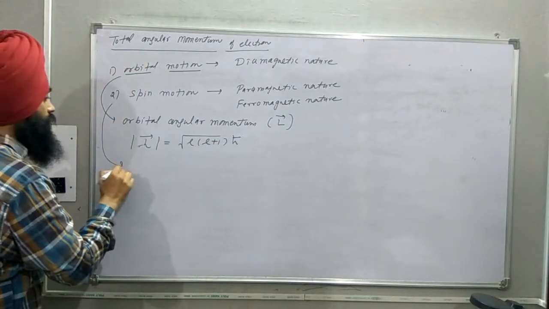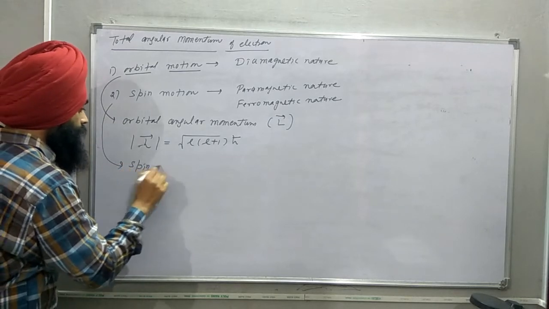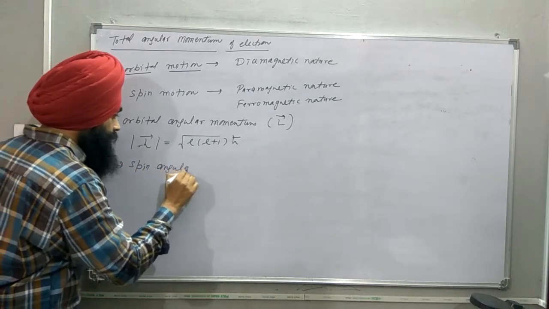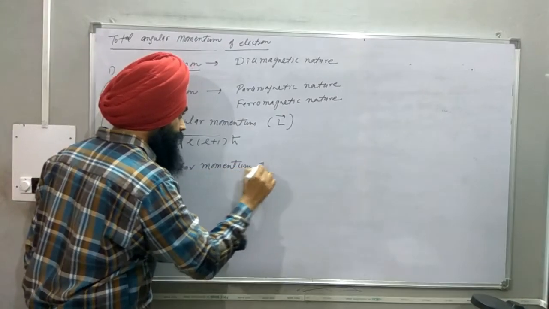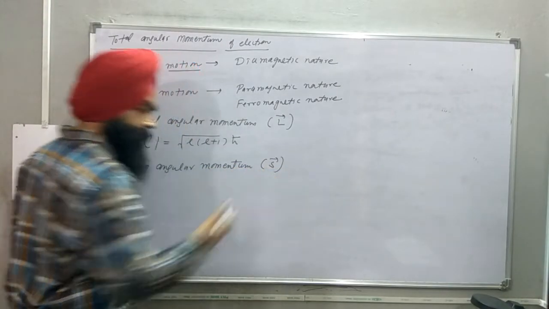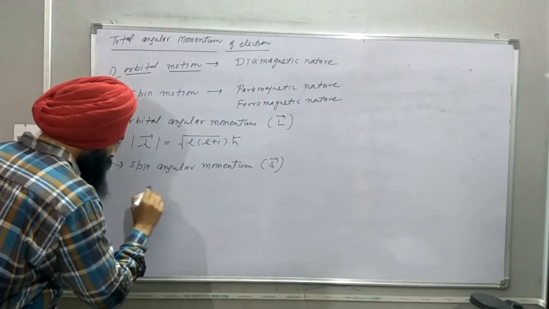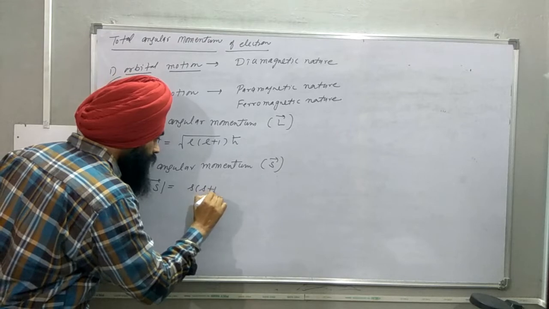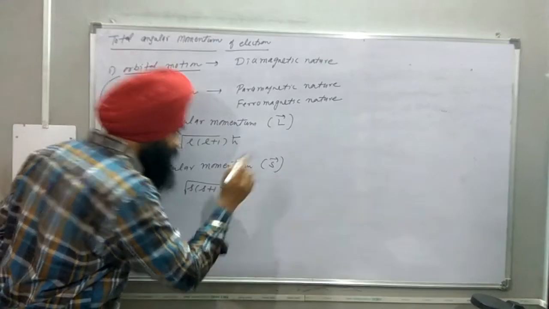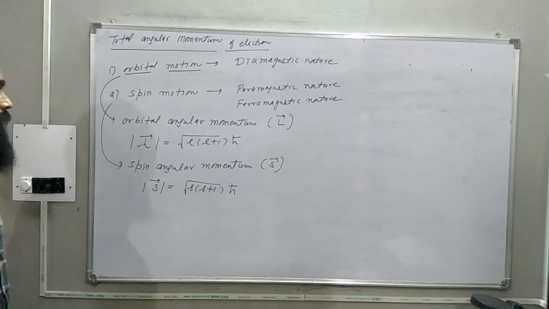And for spin motion we have spin angular momentum S, and the value of S is under root S into S plus 1 into h cut.